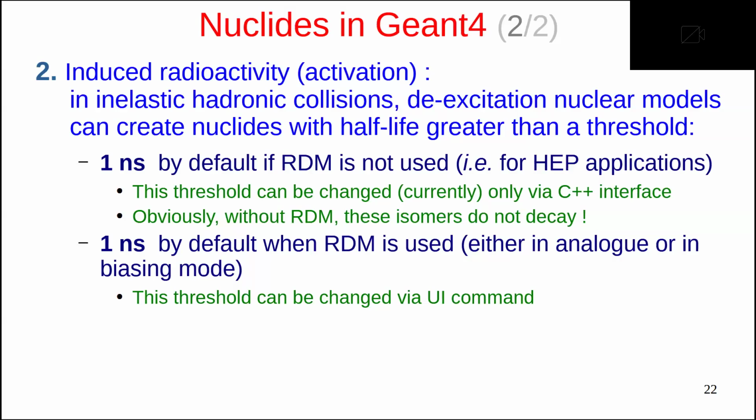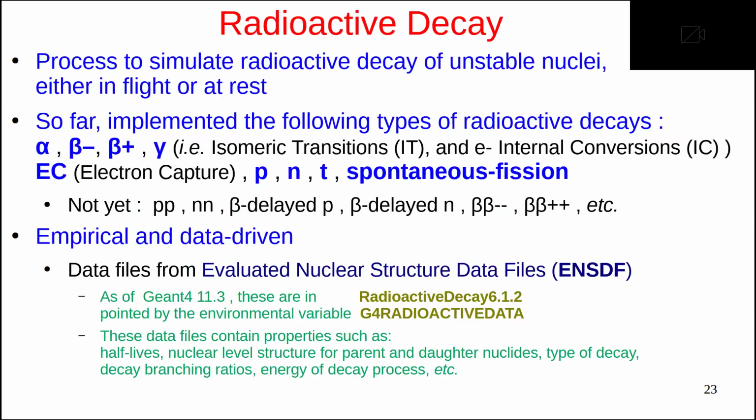Of course, if you are not using radioactive decay, this particle will not decay. So if you are not using radioactive decay and you are creating one isotope with a very short lifetime, it will keep flying, it will not decay. You need radioactive decay to have a proper treatment of the decay.